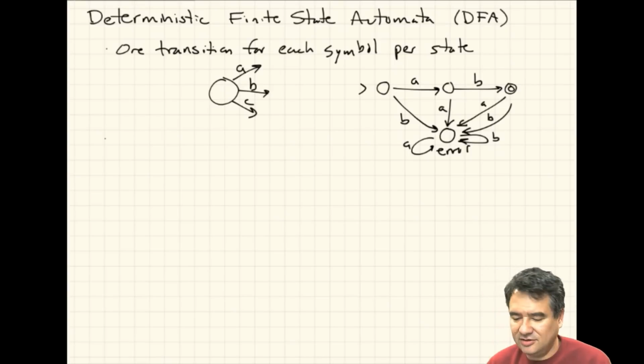So I like to keep my transition diagrams clean, so they're not cluttered with an error state and all these transitions going to it. So I just like to go with that assumption that if I didn't draw a transition in explicitly, then it's implicitly going to the error state. All right, so a deterministic finite state automaton has at most one transition for each symbol per state.